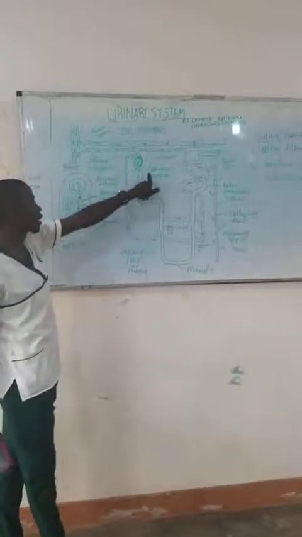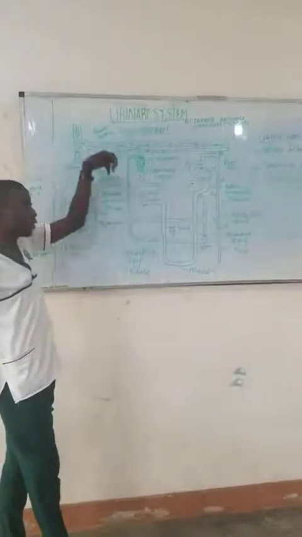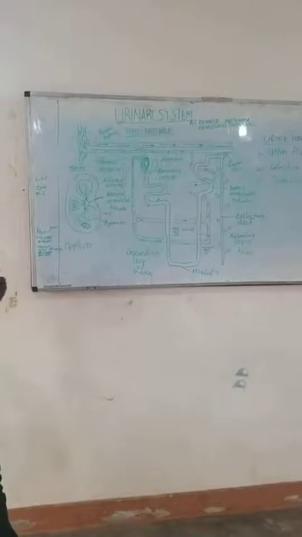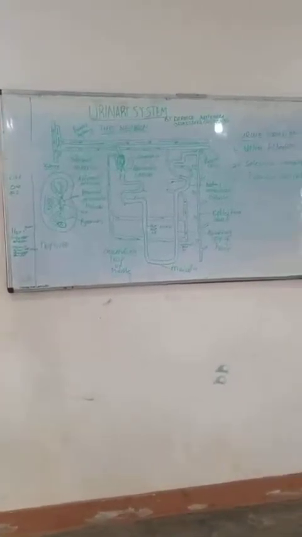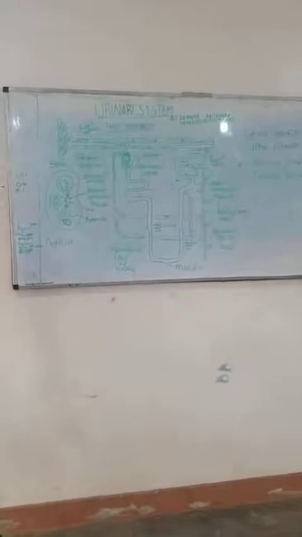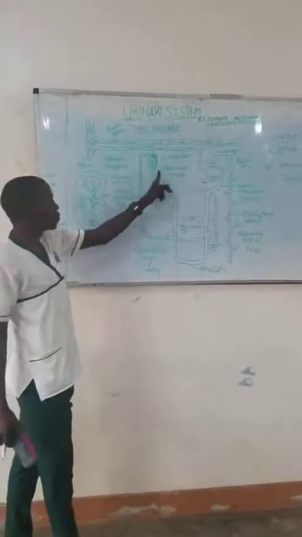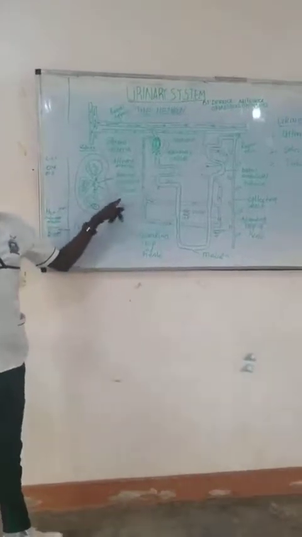In the Bowman's capsule, we have the glomerular capillaries. These glomerular capillaries are not solely responsible for ultrafiltration forces. We have different forces that help in ultrafiltration, as we are going to see. From the Bowman's capsule, we come to the proximal convoluted tubule.